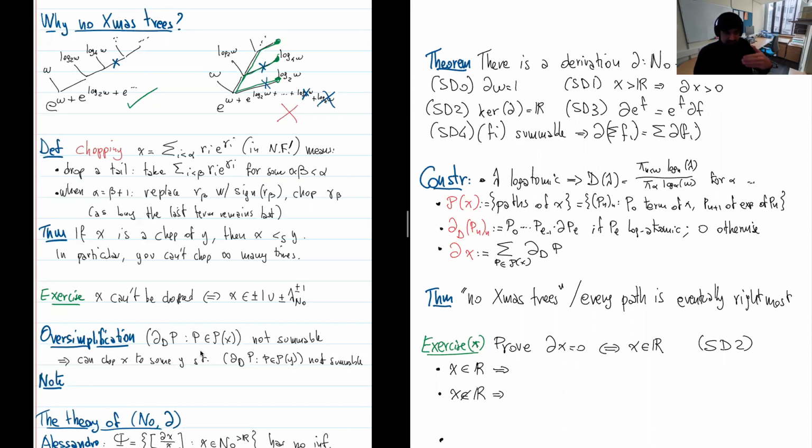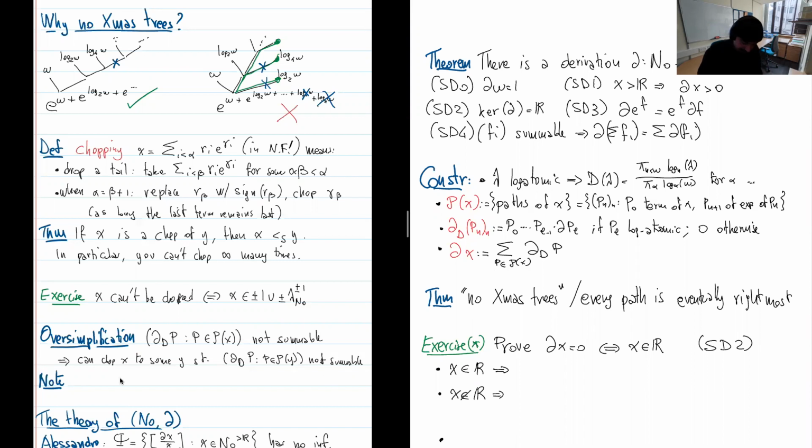And once you can do this, you keep repeating this, but you know that you can't chop things infinitely many times. So this thing cannot happen, which means that this is summable. So you actually get that this derivation exists.